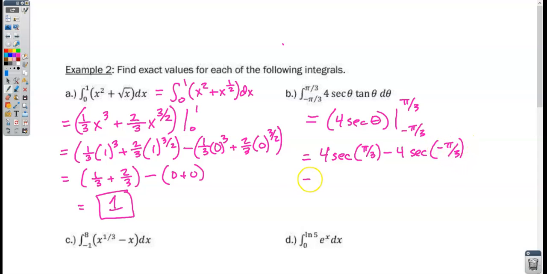Oh boy, it gets very important here that we know the value of our trig functions at various values. The secant of pi over 3 is 2. This is going to be 4 times 2. And the secant of negative pi over 3 is also 2? Yeah, it sure is. And so it looks like the value of this is going to be 0.